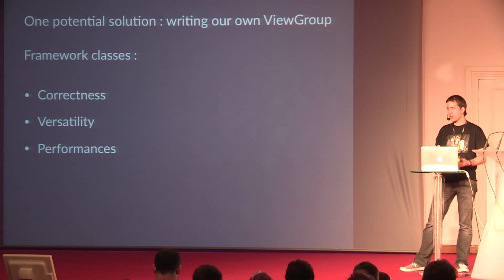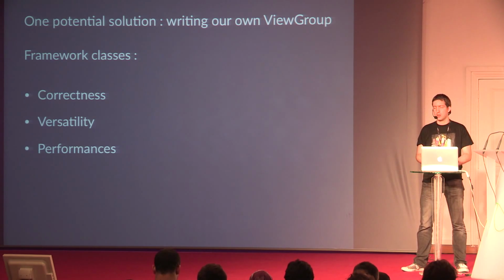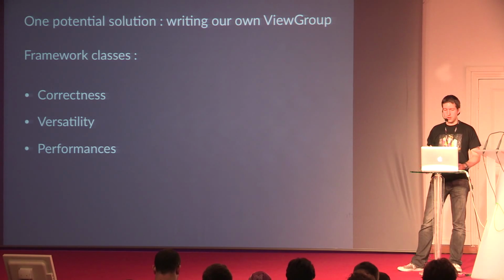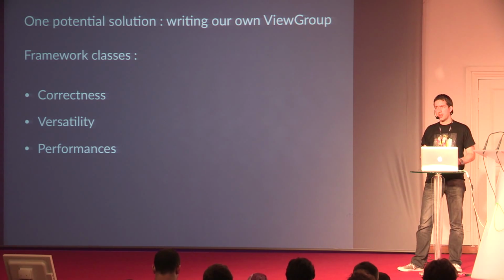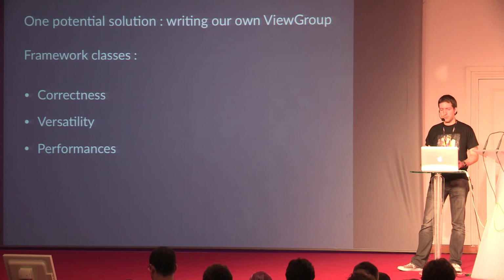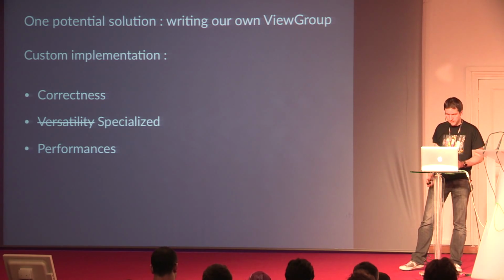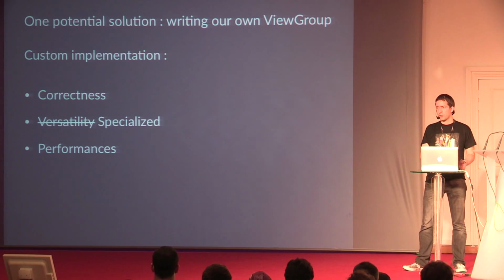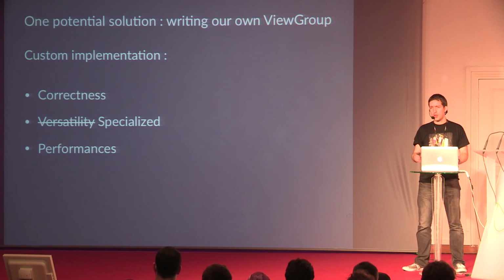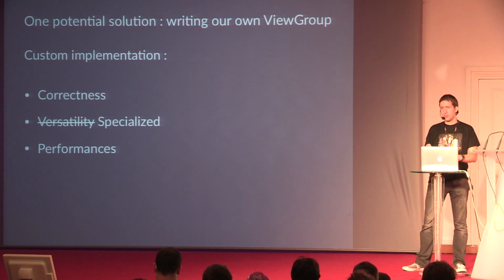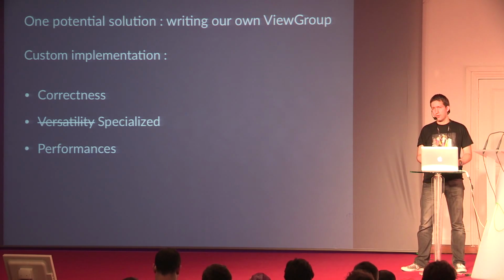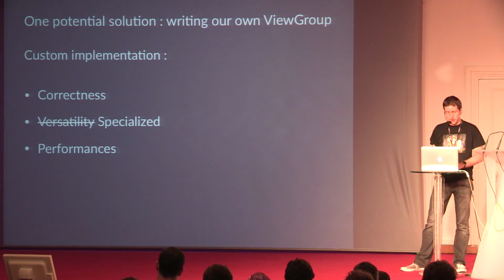Relative layout is a good example. You can display almost everything with this view. And only in a third place, you have performances. What we can do is forget about responding to every use case on Earth and write something extremely specialized that will only lay out one very specific type of item.